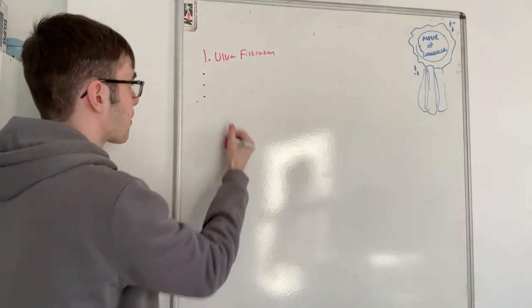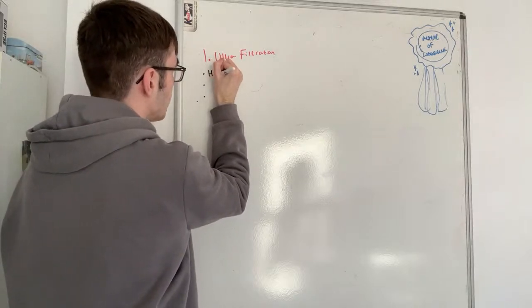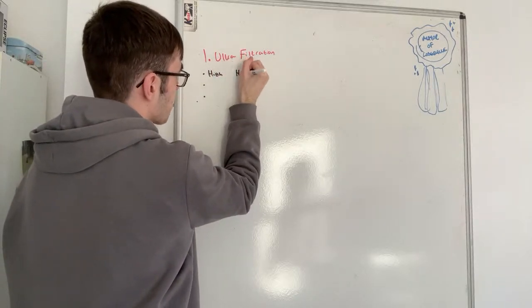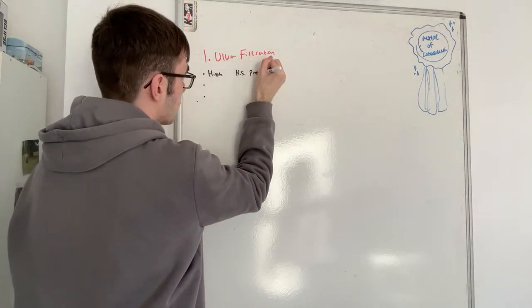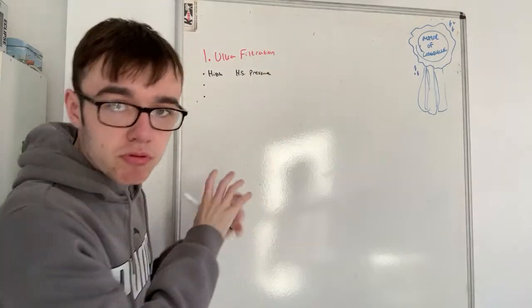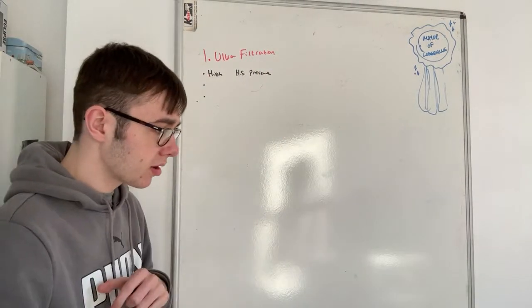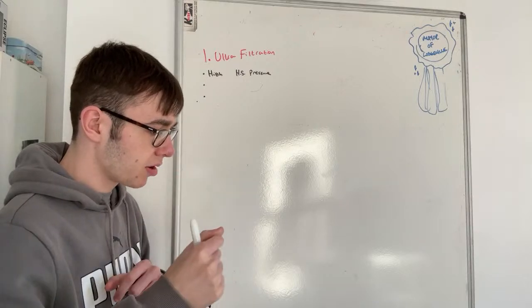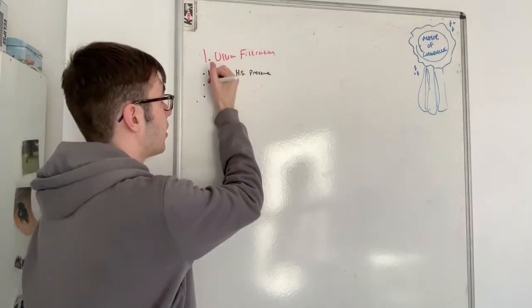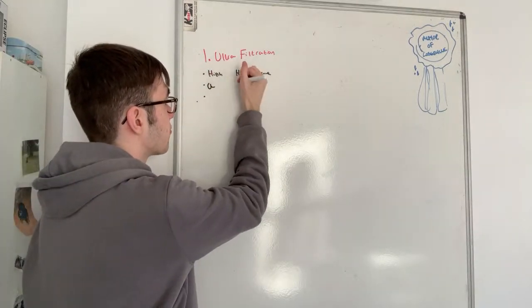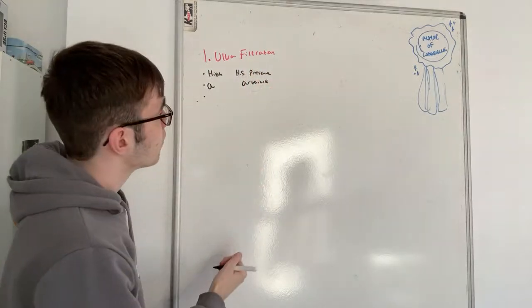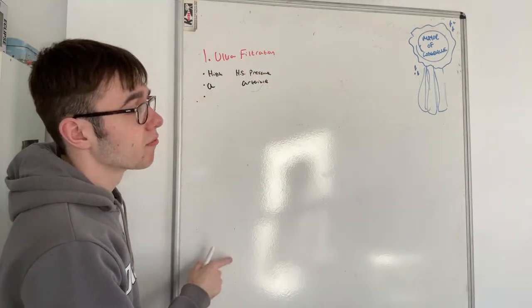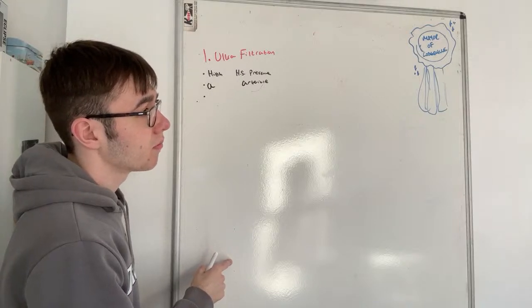Number 1, you specify there is a high hydrostatic pressure. This pressure is coming from the something arterial. It's from the something arterial.